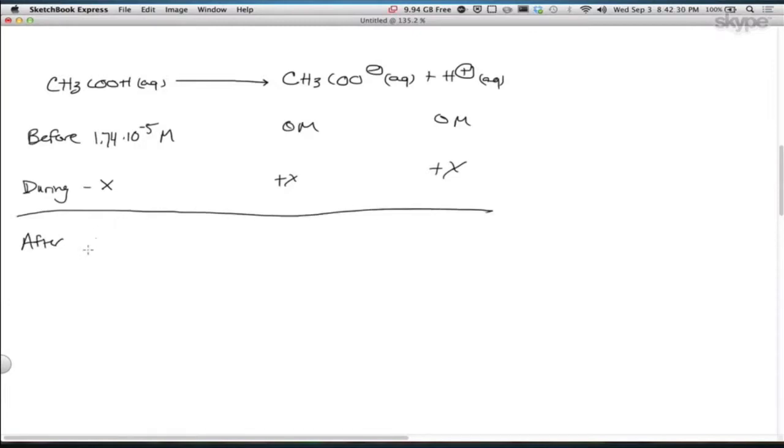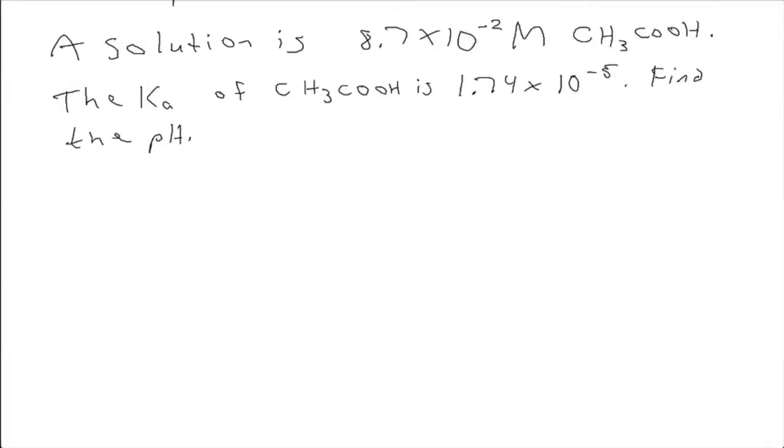Now, I'm not sure where you got that 1.74 times 10 to the negative fifth. Oh, was it 8.7 times 10 to the negative second? Well, you tell me. How do you know what to write there? You had the two numbers, 8.7 times 10 to the negative second.